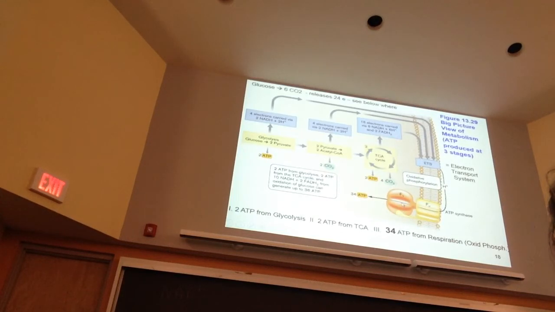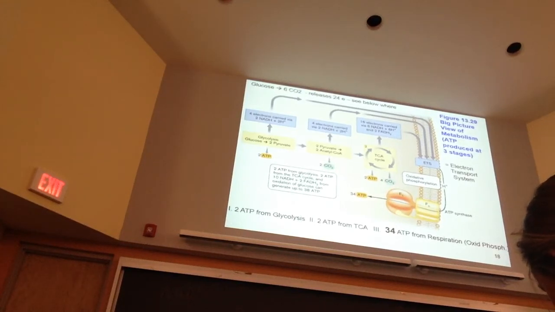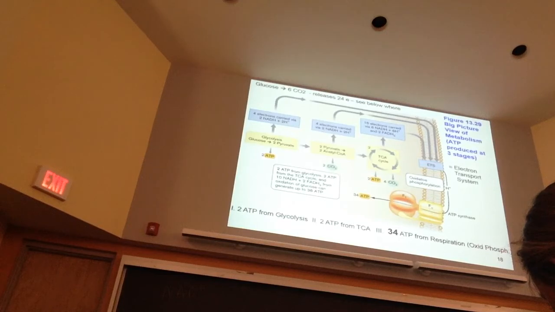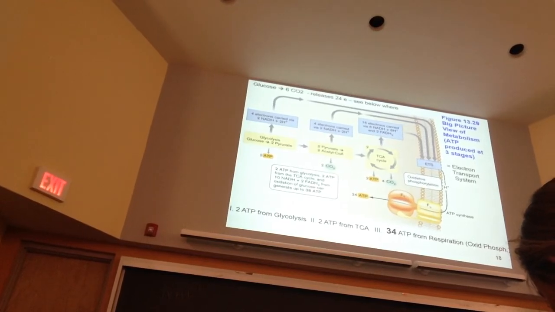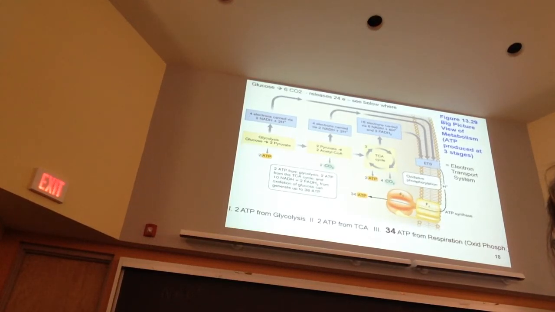We'll talk about that in some decent detail in chapter 14. But, hey, there's the big integrated picture of glycolysis, TCA cycle, and respiration, producing the two things we're interested in, ATP and NADH. Those electron carriers are holding the bulk of the energy. Most of the energy is in the electrons.